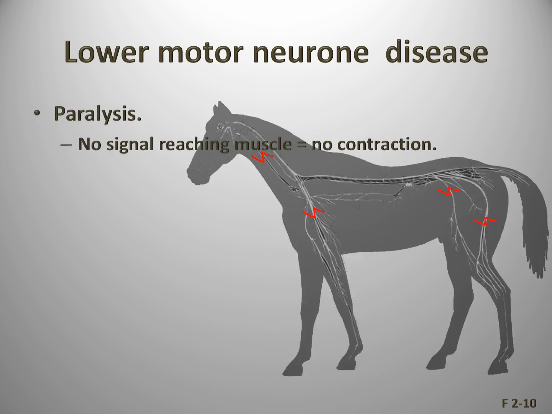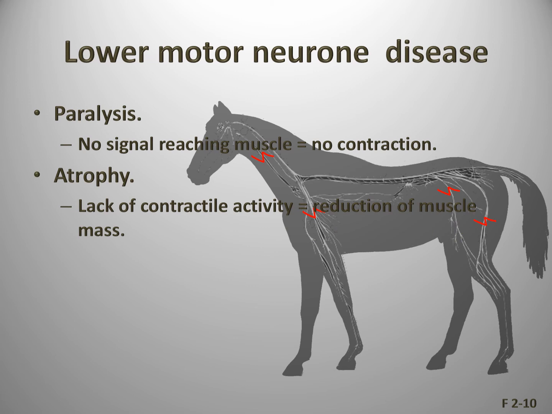Lower motor disease is characterized by some type of paralysis, and as you can deduce, if there is some kind of interruption in the transmission of an action potential, the intended signal will not reach the effector organ or muscle, and there will be no contractile activity or response.